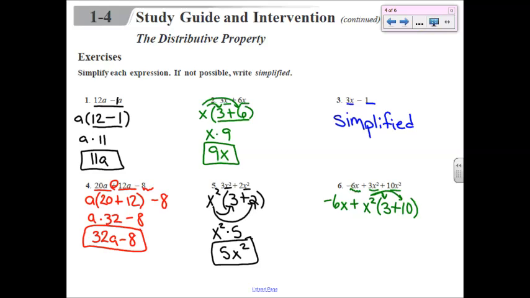I'm going to add 3 and 10 to get 13. And my last step, I'm going to move the number in front of the variable. And again, the x that's next to the minus 6 doesn't have a squared, but the x that's next to the 13 does, so they are not like terms, they cannot be combined.